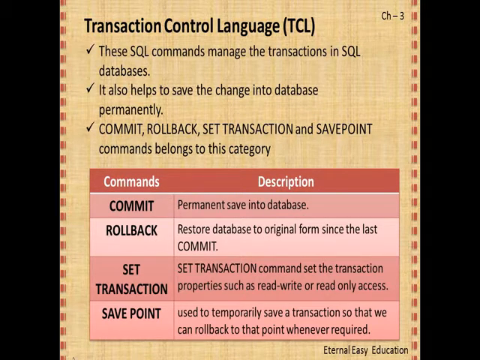To do the rollback, I must have a save point. These both are interrelated commands. Without a save point, I cannot use the rollback command. Then set transaction sets the transaction properties, whether it is read write or only read. These properties are set by the set transaction command.